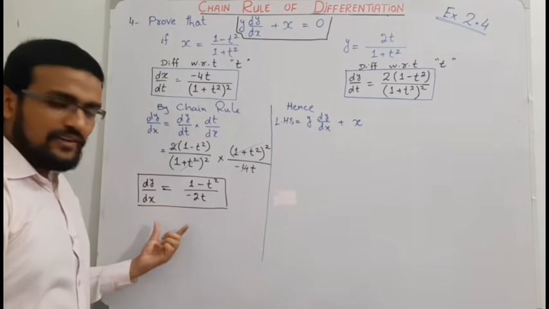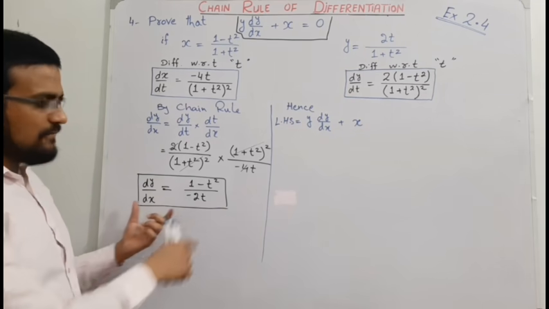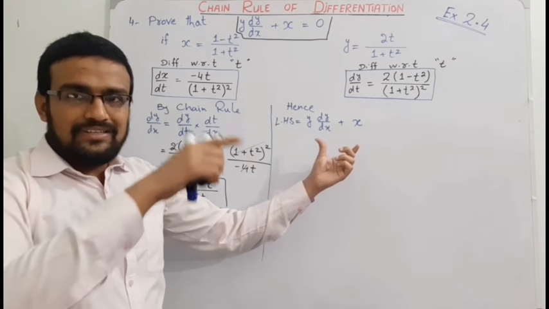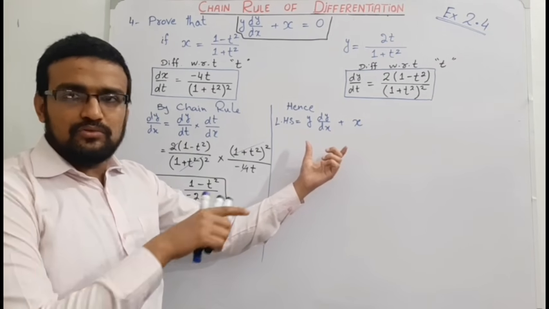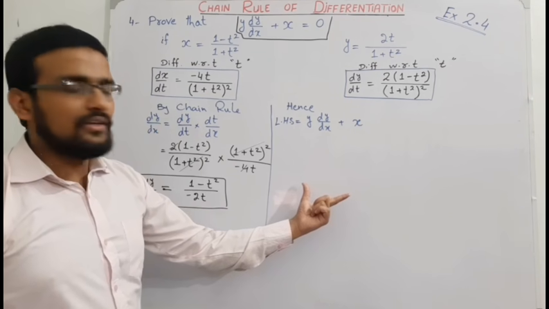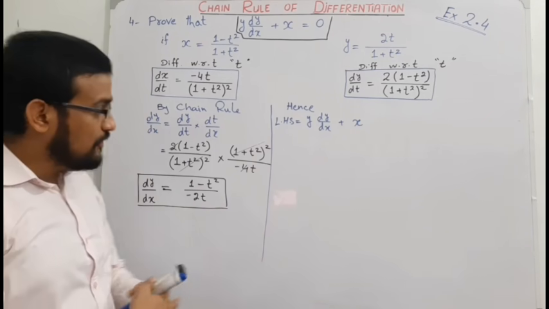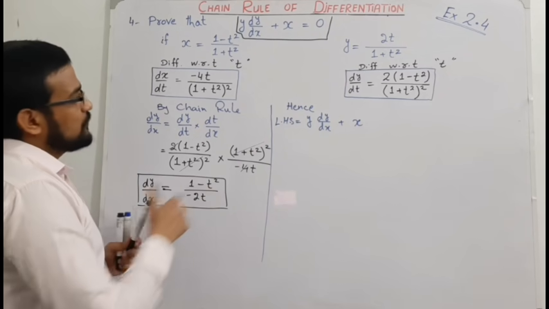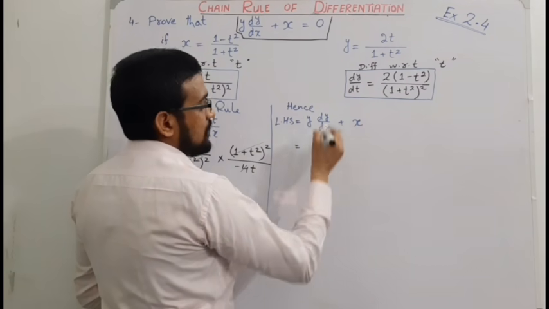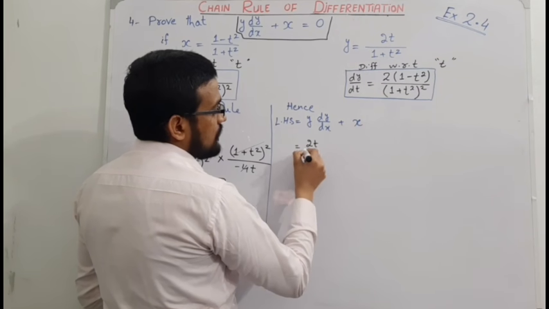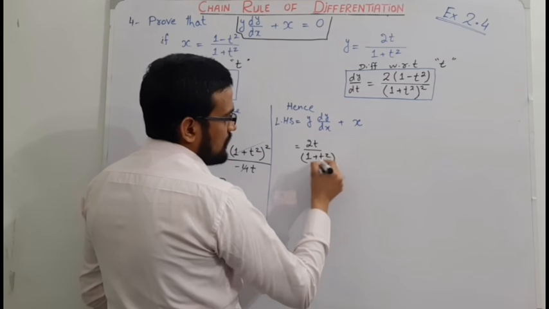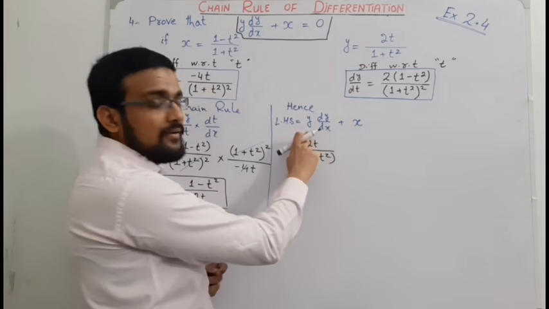You can find this one and then multiply with y and then add x. You can use step by step, or you can also use this method. Find y. The value of y is this, 2t over 1 plus t square. This is the value of y.